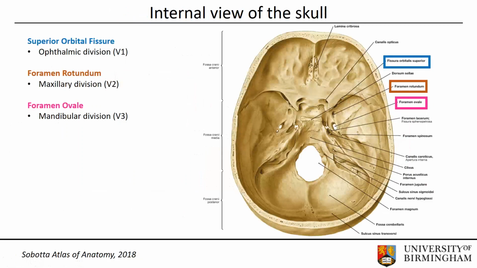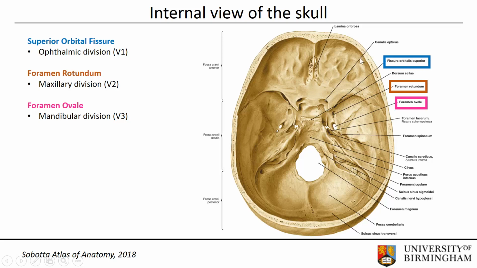So remember that the three branches of the trigeminal nerve carry sensory component for the skin in the face. So they need to exit the internal aspect of the skull, and they will need to travel through different foramina so they can get to the skin.